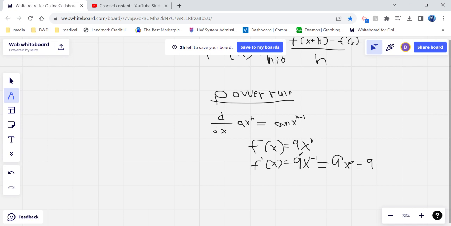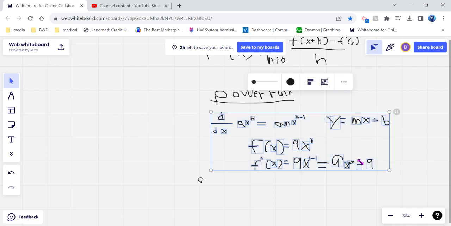And in fact, that slope is equal to that coefficient of x. Think y equals mx plus b, right? f prime of x is m in that case, when you have a linear function. So that is the power rule.